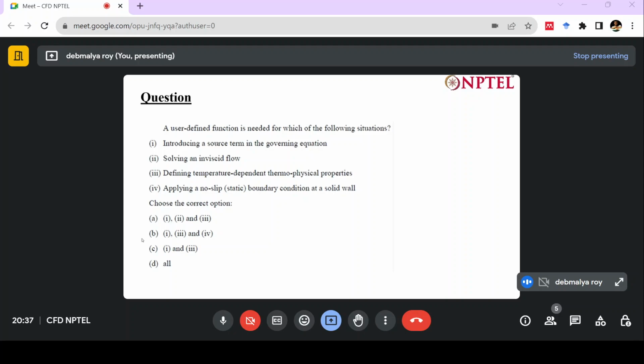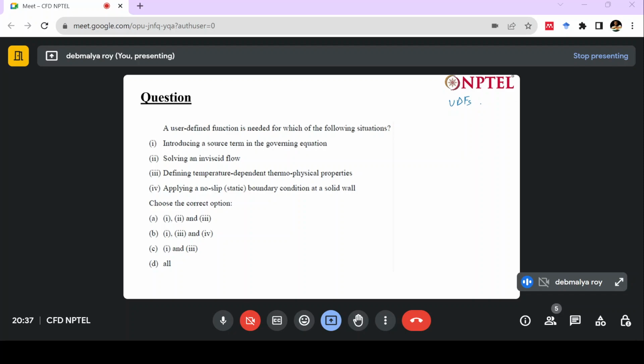So, user-defined function is needed for which of the following situations? In most CFD packages it is there in some form or the other. If you specifically are solving using ANSYS Fluent, you will see there are UDFs that you can insert, user-defined functions.